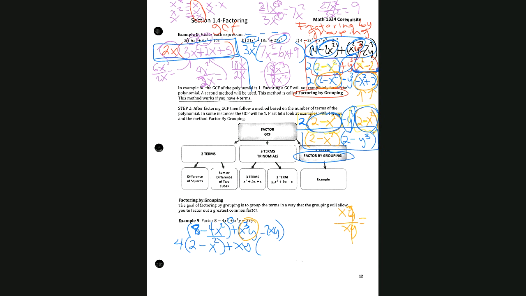So the y's will cancel, but the x will still remain as x squared. So that will be what goes here. Now if we take this negative 2xy and we factor out xy, we will get negative 2. So that's what goes here.